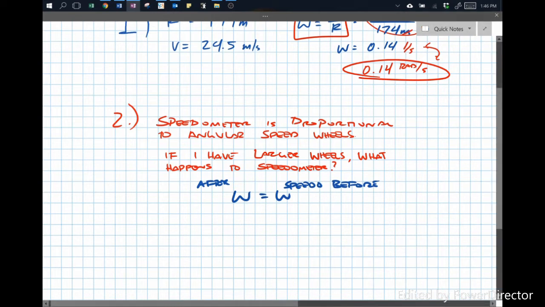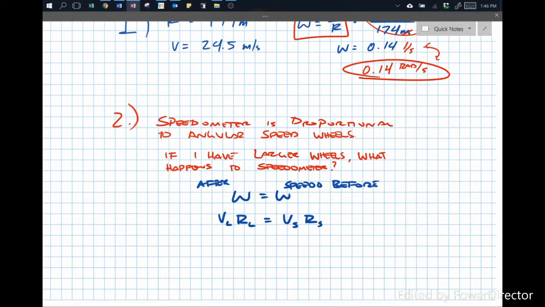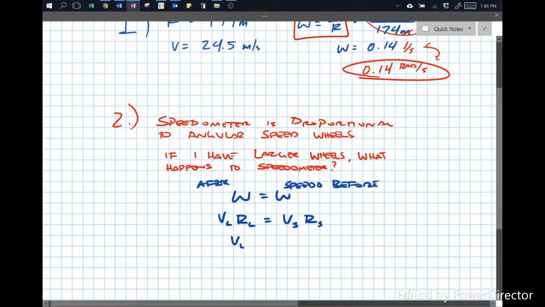So angular speed is velocity over radius, and so we'll say velocity for the larger tires over the larger radius is equal to the velocity for the smaller tires over the radius for the smaller tires. So what we're looking for, velocity of the larger one is going to be the velocity of the smaller one times the radius of the larger one divided by the radius of the smaller one.